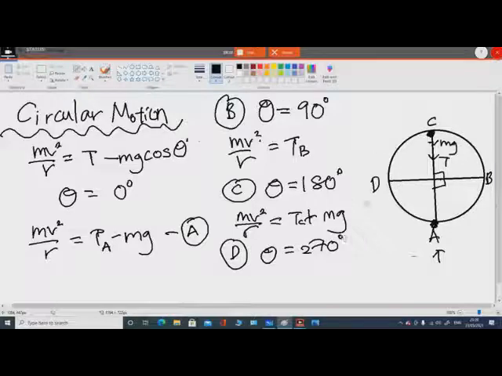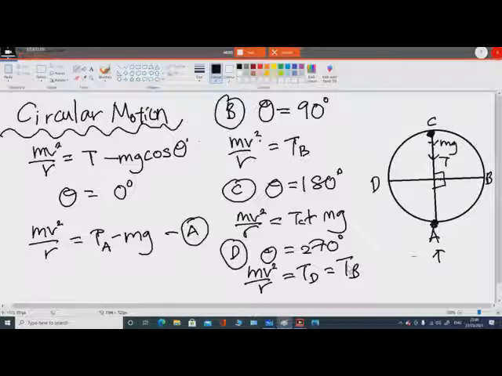Okay, what about TD, which is 270? 270 will naturally give us 0, since cos 270 degrees is actually 0. So mv squared over r is actually equal to the tension at D, which is basically equal to TB as well.